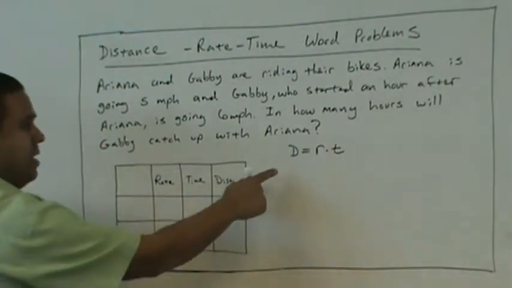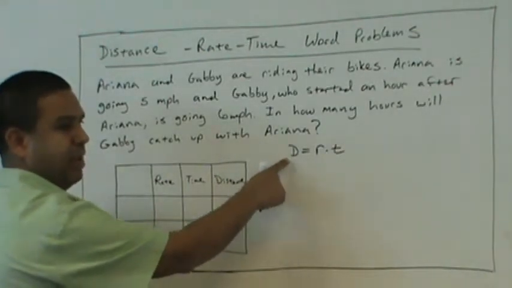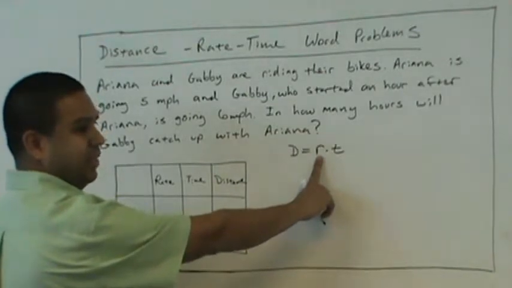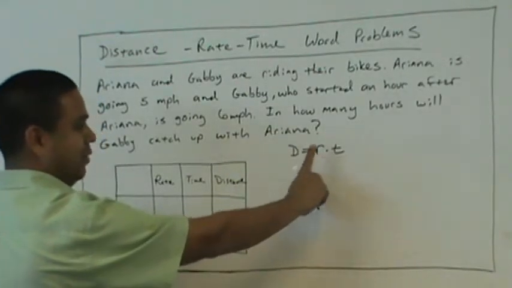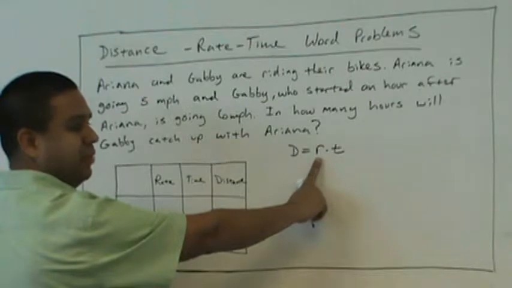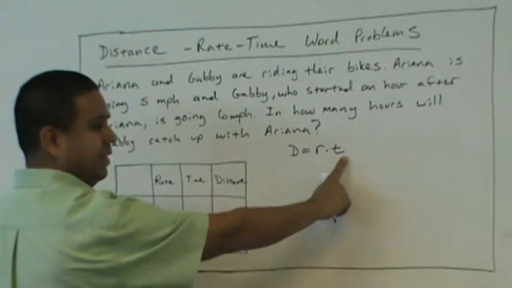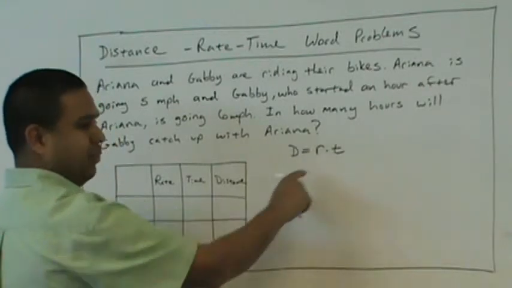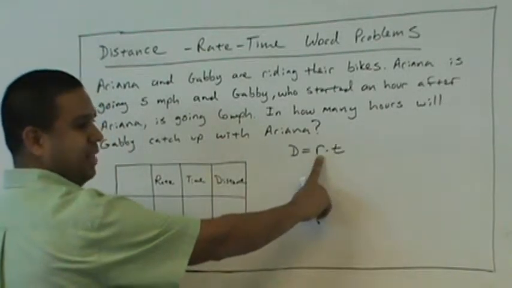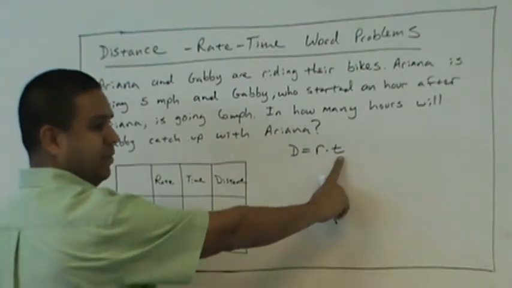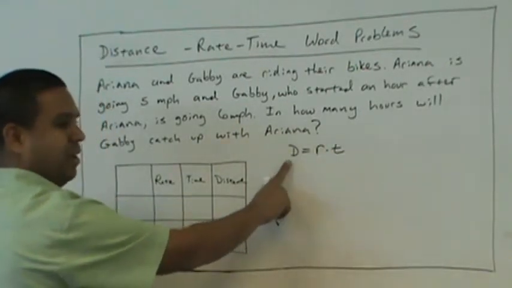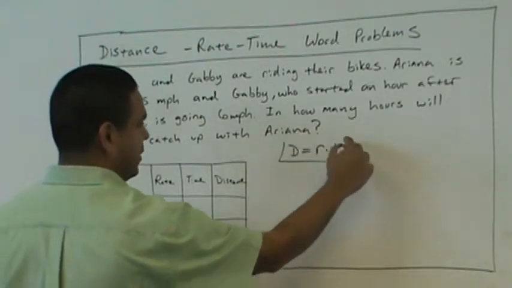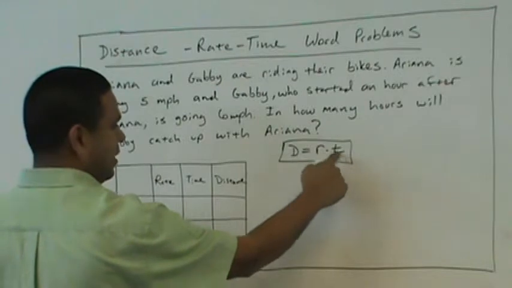The easiest example: if you're driving in a car at a rate of 60 miles per hour, and you traveled for 2 hours, how far did you go? 120 miles. 60 miles an hour times 2 hours gives us how far we travel. So that's the little formula that you have to memorize. Distance is rate times time.